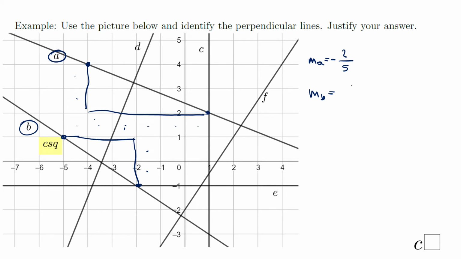So 2 over 3, the line is going down, so negative 2 over 3 is the slope of line B. Let's take a look at line C. This line C is a vertical line, the slope is undefined. The line D, this one.